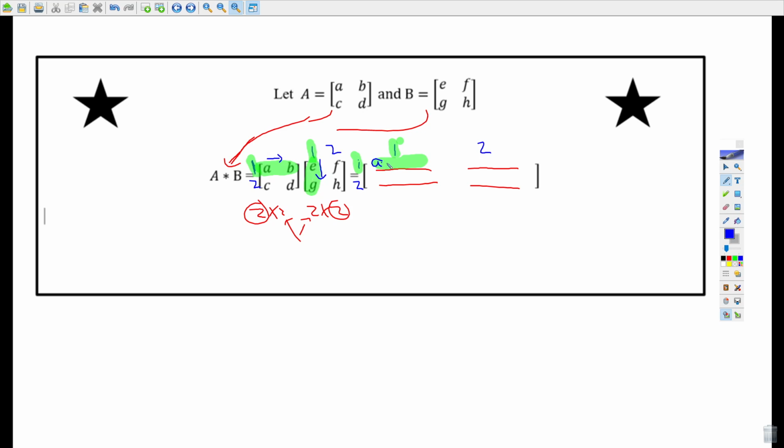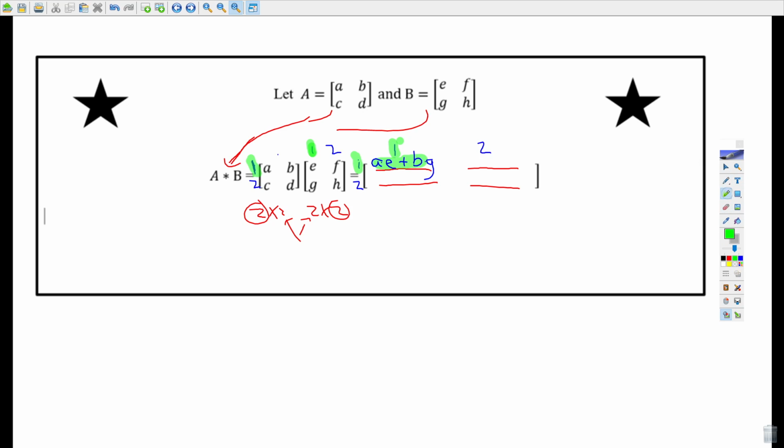So it goes A times E plus B times G. You go across and then down. Let that sink in for a little bit.